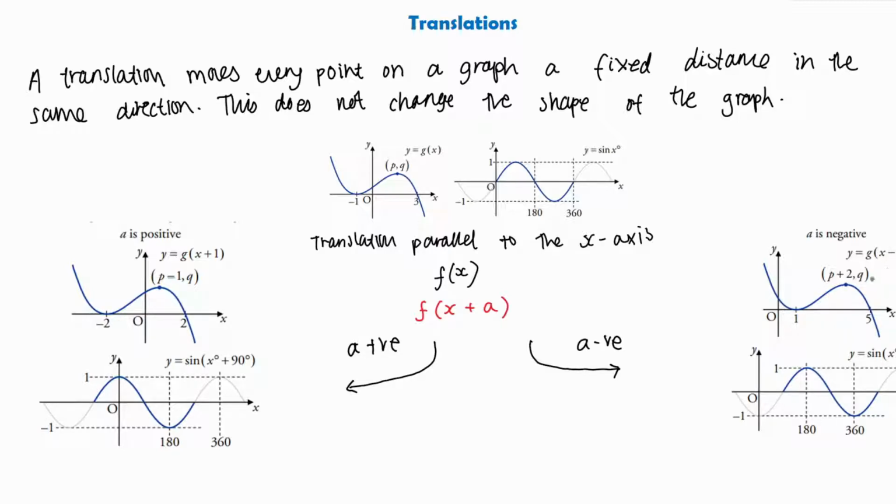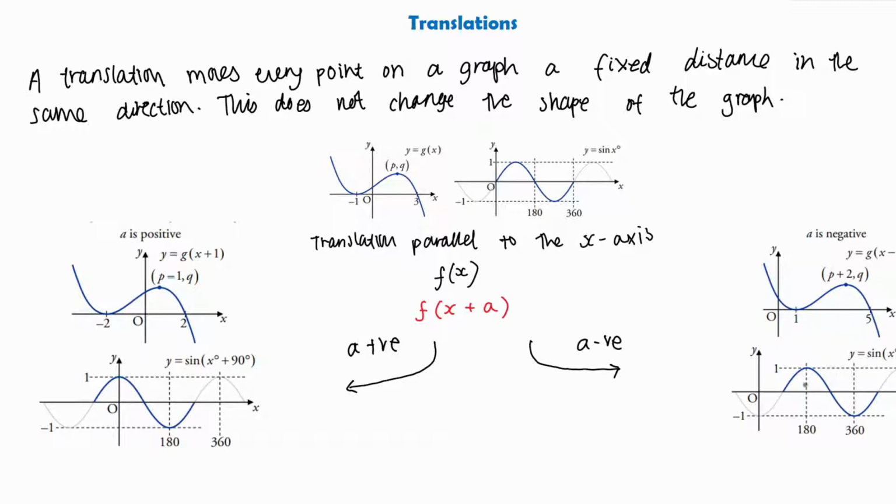So it's negative. So every x coordinate is going to change by 2 to the right. So this point here, which was (-1, 0), is now (1, 0). This point here, which was (p, q), again, this is the general point, we can see here the x coordinate is simply increasing by 2 because it's moving away, and q just stays the same.